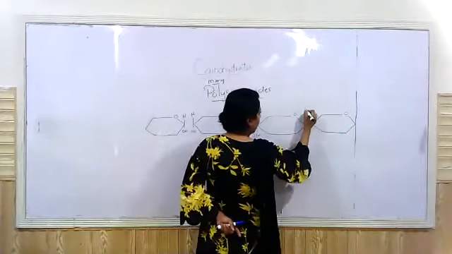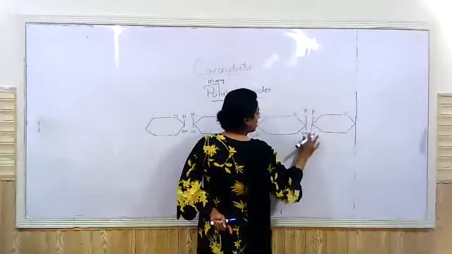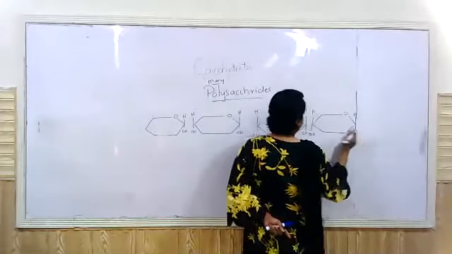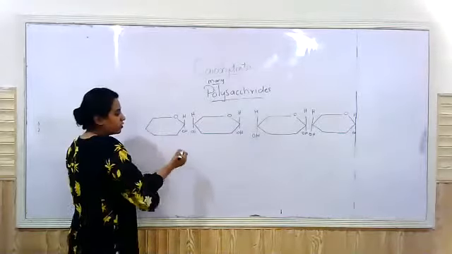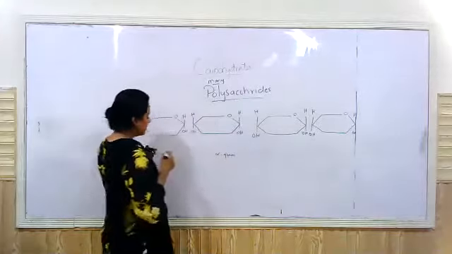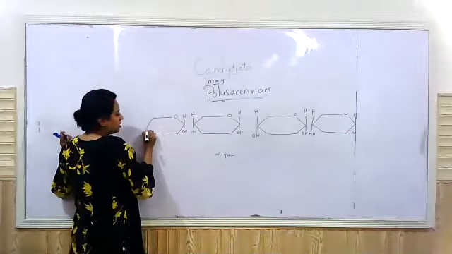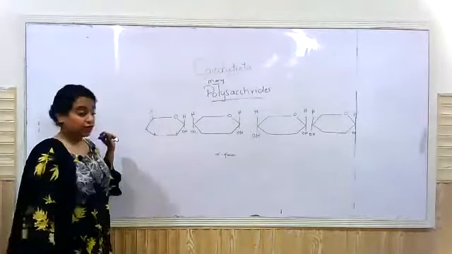So here you have four molecules of alpha glucose. They're all alpha glucose. Carbon number 1, carbon number 2, carbon number 3, carbon number 4, carbon number 5, and carbon number 6 is outside the ring.